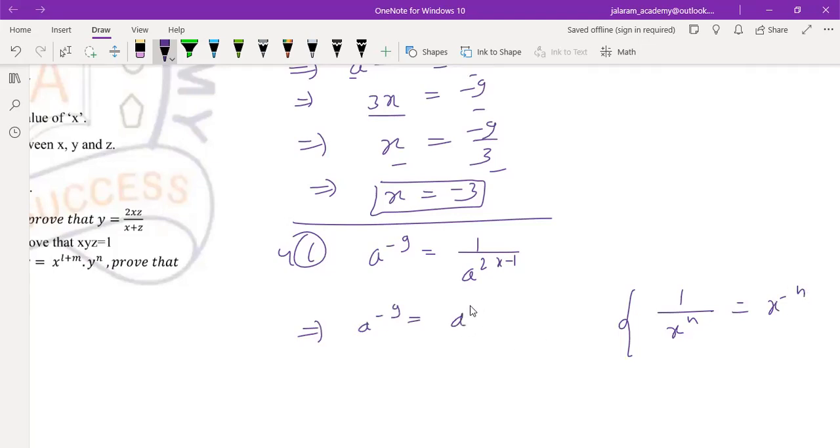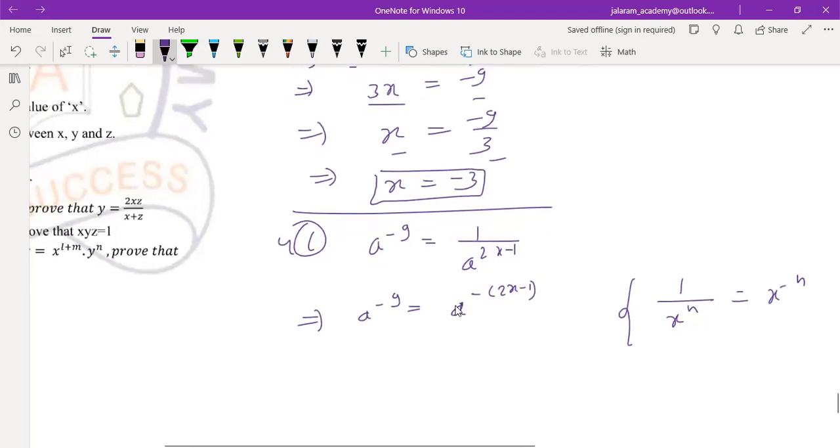So if you write it, it will be a to the power −(2x − 1). Is that clear to you? So powers of both sides are compared. So what do we get? Will you tell now?